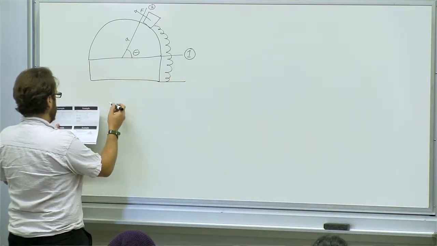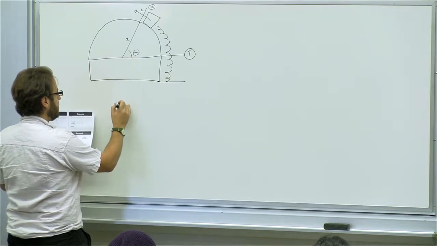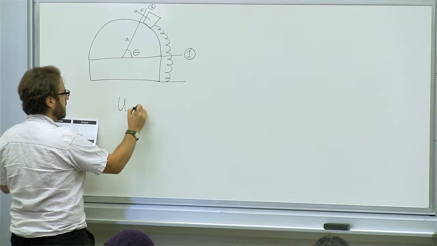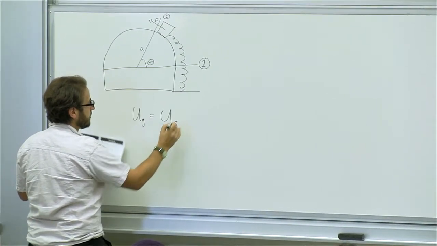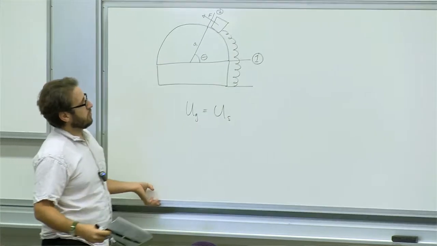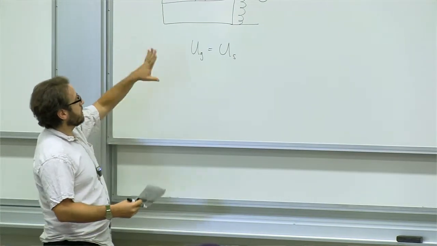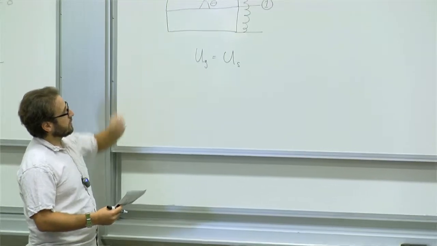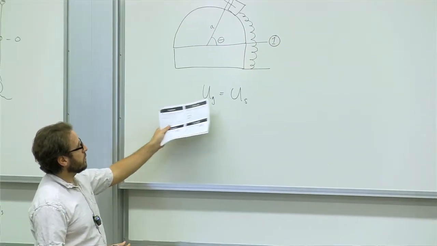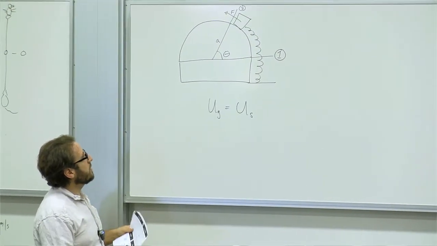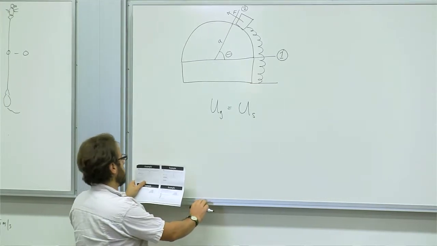Okay, so what we can do is say the potential energy from gravity gets turned into the potential energy from the spring, right? You could start from the general equation of initial and final state energy, but there's only spring energy in the initial state and gravitational energy in the final state, so it doesn't matter.